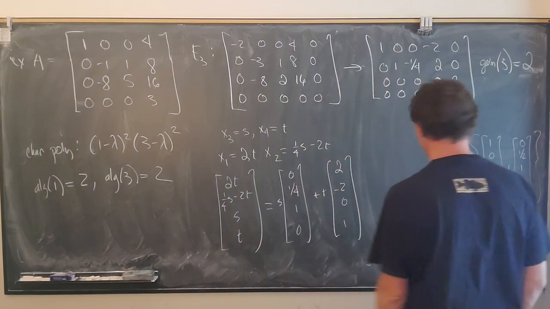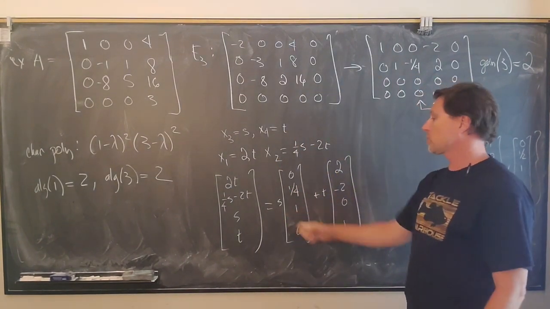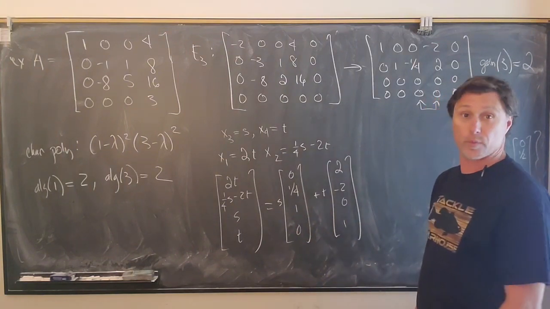Okay. So now we can see the basis vectors for E sub 3 also.